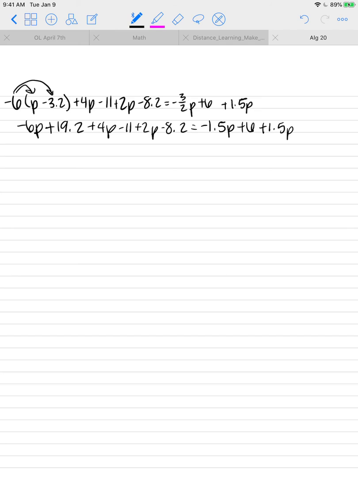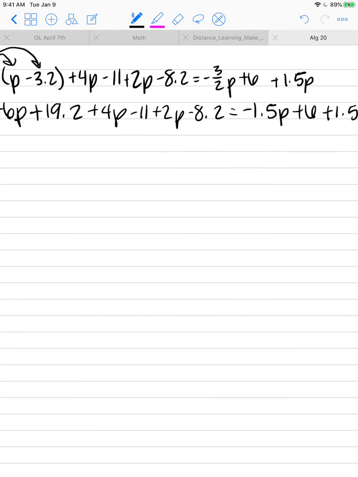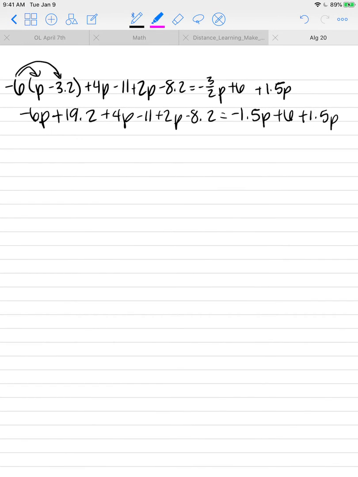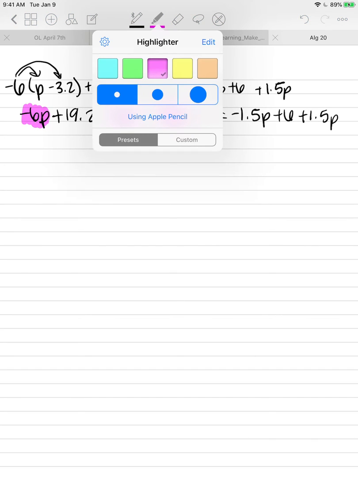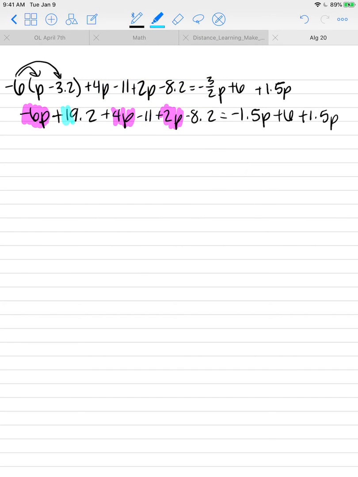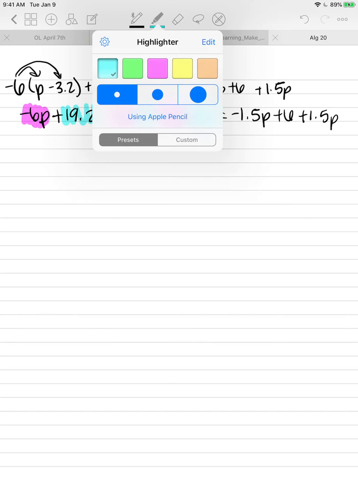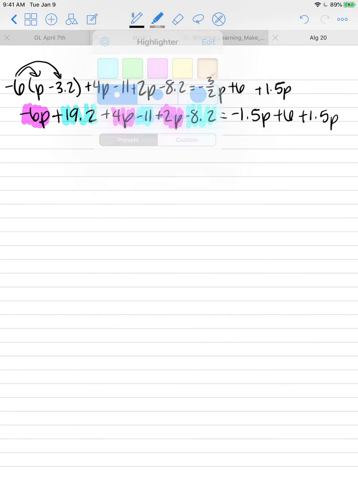Our next step would be to combine like terms. So let's look at our like terms. I'm going to look through this side of the equal sign for all of my variables. Now I'll look at constants. And then go look at the other side. And I only have like terms that are variables.